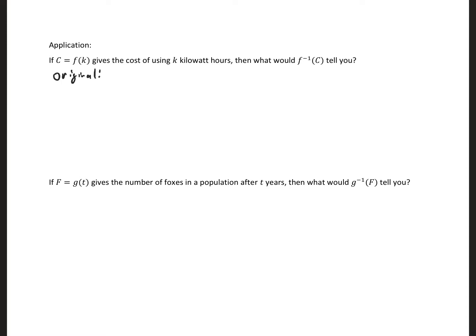In the original function, the input is K, which is kilowatt hours, and the output is C, which is cost in dollars.